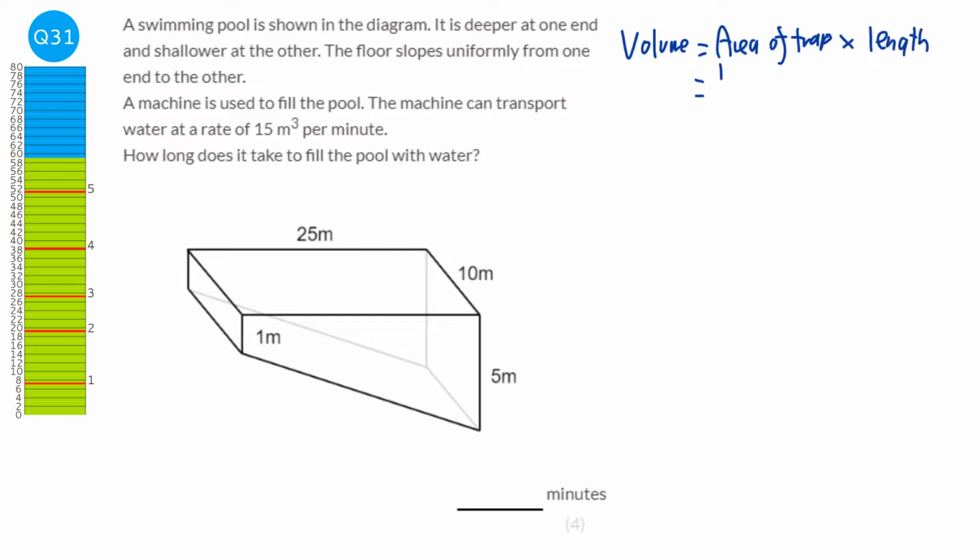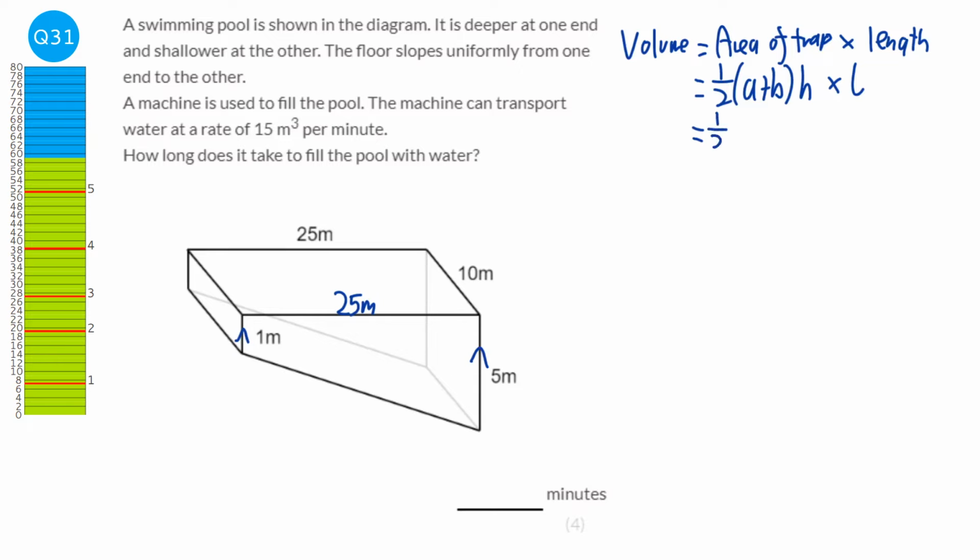So trapezium is half a plus b h, and then times the length. Now A and B are the two parallel sides, which will be this one and this one, and then the h is the perpendicular line that hits both of them at 90 degrees, which is what perpendicular means, between the bases. So this will be the 25 meters here.